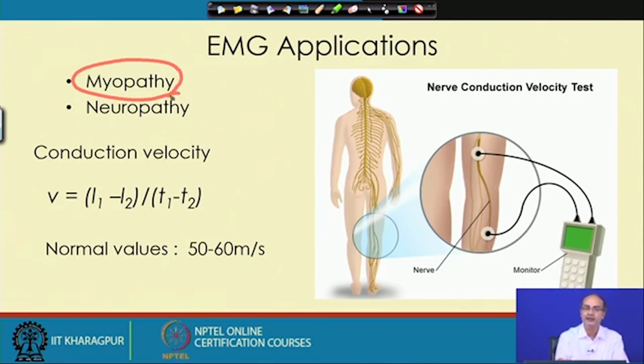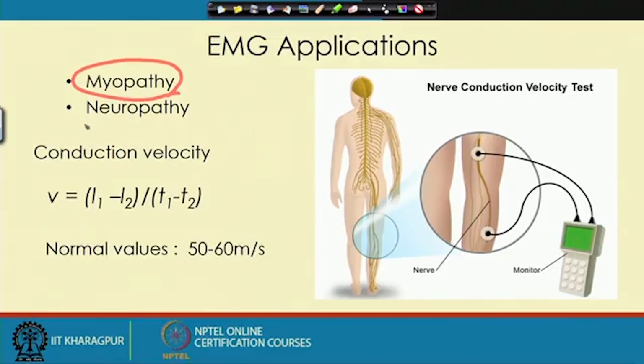The other thing could be that the muscles are healthy, but there is some problem in the electrical connection which is stimulating the muscle. In other words, the neurons that are activating the muscles have some problem. In that case it is called neuropathy.